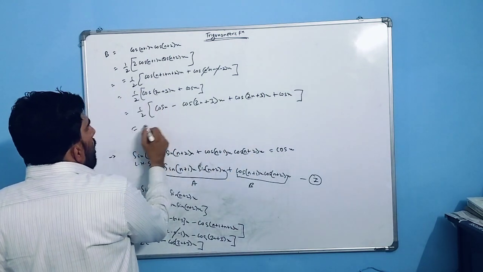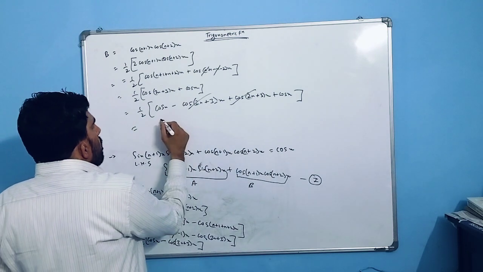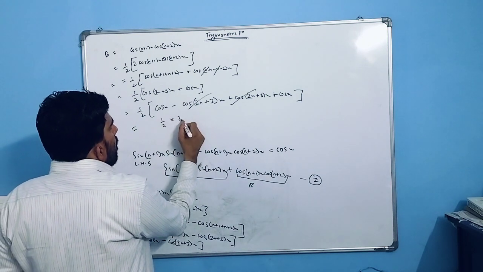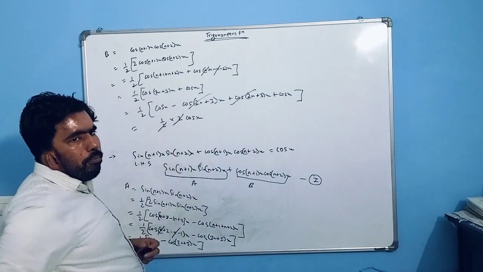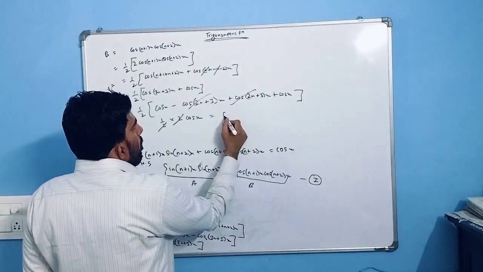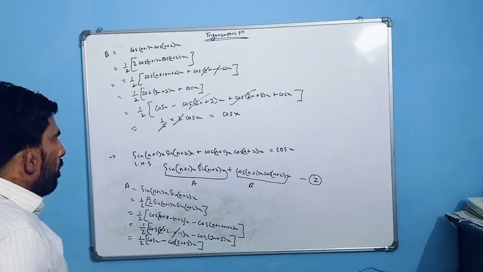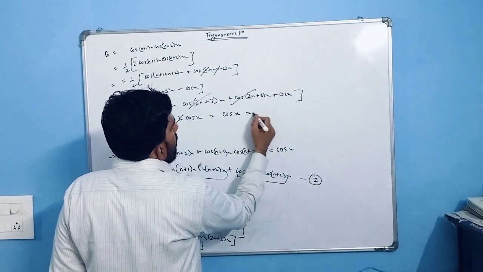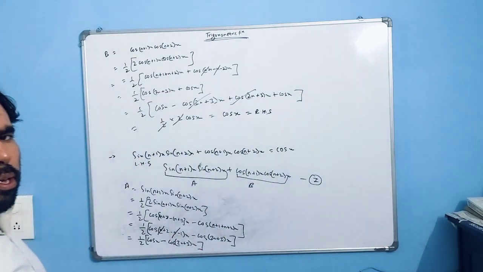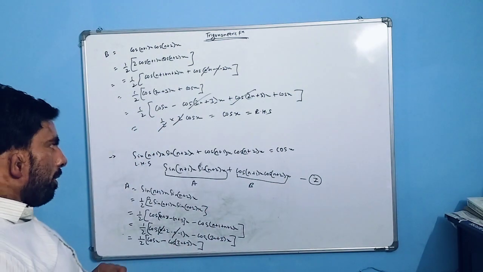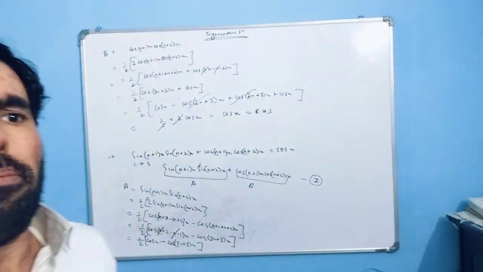So what I got here, we'll reduce this: cos x plus cos x, 2 cos x. So here I will reduce with 2. Now we'll get only one, that is cos x. What is required? That is, LHS is equal to RHS. So like this we solve such kind of numericals.